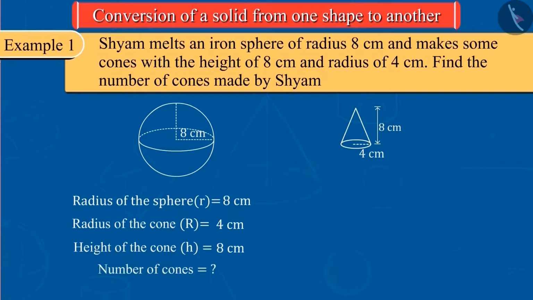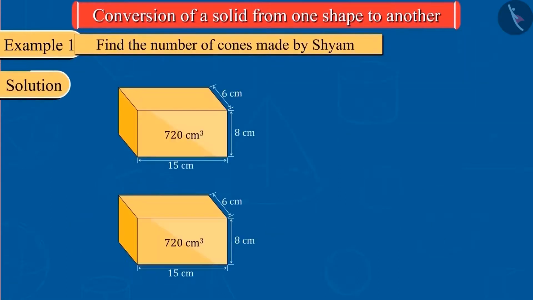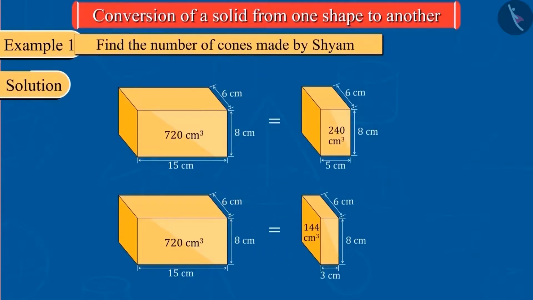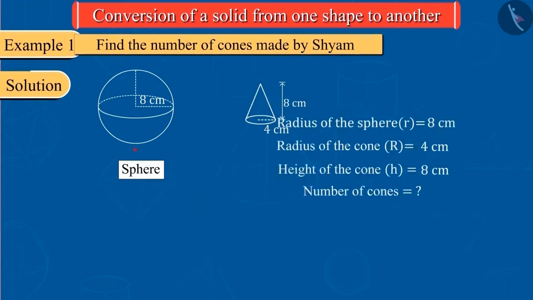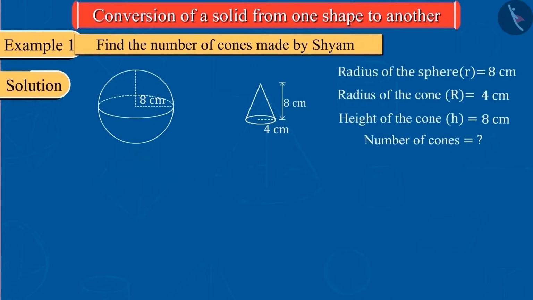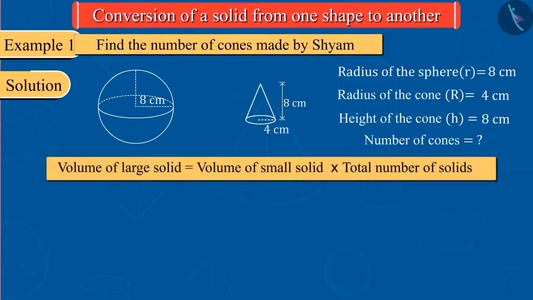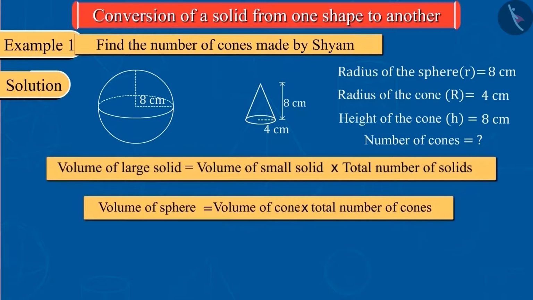We learned in the previous video that if a solid is converted into smaller solids of equal measure, the product of the volume of the smaller solids thus formed and the total number of smaller solids is equal to the volume of the larger solid. Here, we have big solid sphere and small solid cones. Therefore, we can also write this statement as follows.